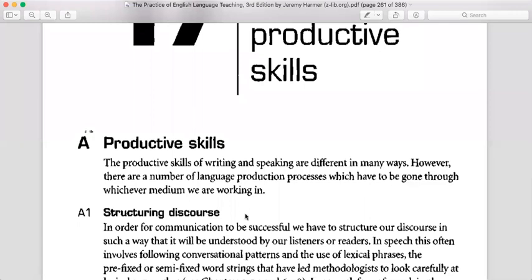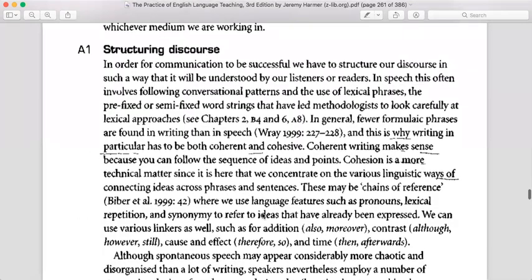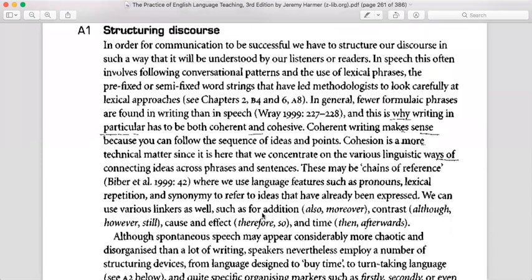Now, having said that, let's see what you can teach and how you would teach it specifically. We are going to move to the activities later on, but right now we are treating these productive skills of writing and speaking together. The first thing is you need to tell them about the discourse structure.